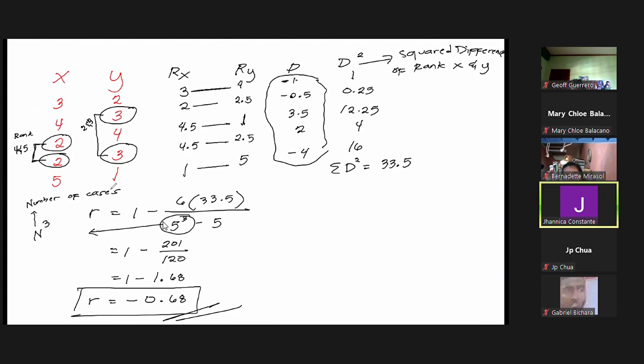That is where you get the n or the 5 cube. The formula from Spearman is correlation is equal to 1 minus 6 summation of d squared divided by n cube minus n. That is our formula from Spearman.